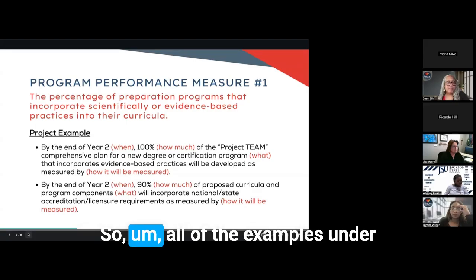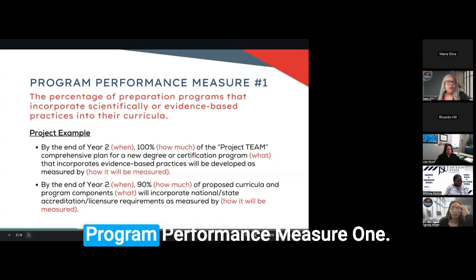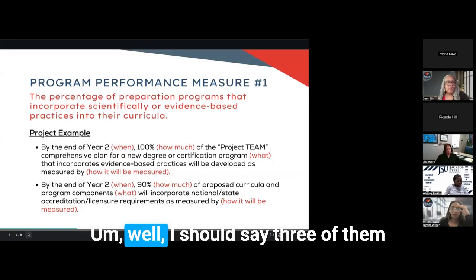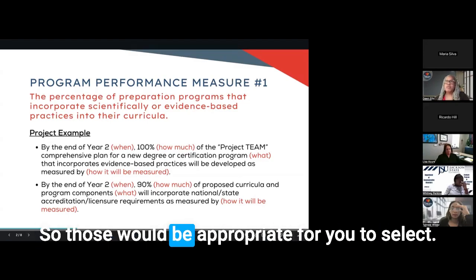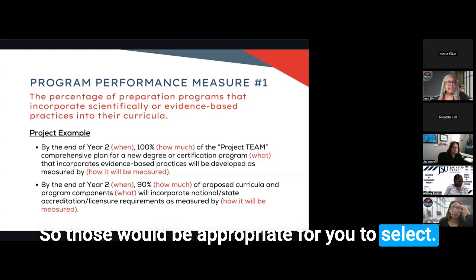So all of the examples under program performance measure 1, well, I should say 3 of them, talk about by the end of year 2. So those would be appropriate for you to select.